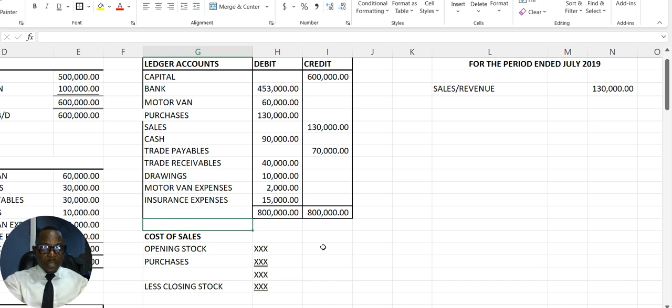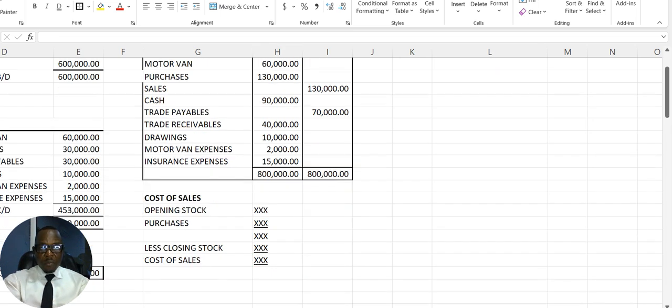Purchases now becomes the total of what is there here. So you less your closing stock. Since it will give you cost of sales, you come back here. Opening stock, what is our purchases in this record? Purchases is 130. So you put your workings there.